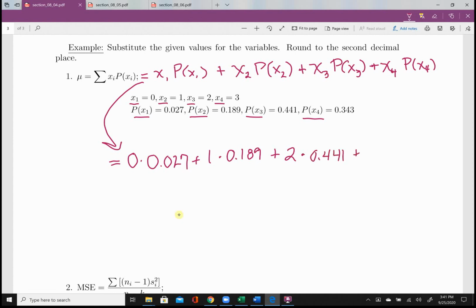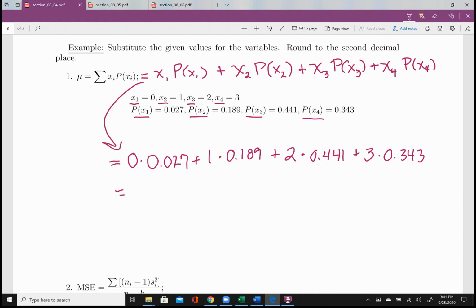and then we'll add that to 3 times p of x sub 4, which is 0.343. At this point, you would grab your calculator and go ahead and add all of these up.